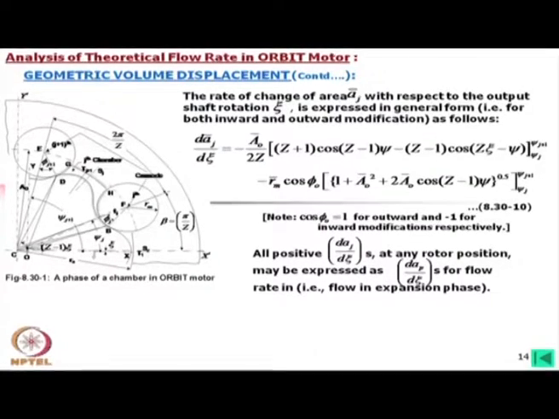But interestingly we will find that the summation of these positive and negative will always be constant. That means flow in, flow out will remain constant.